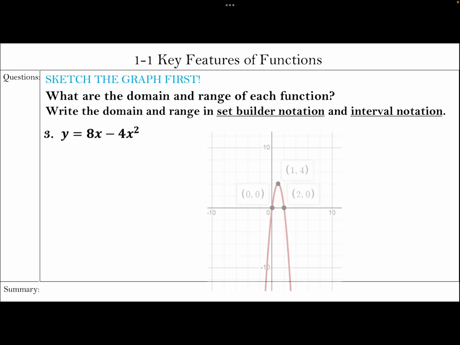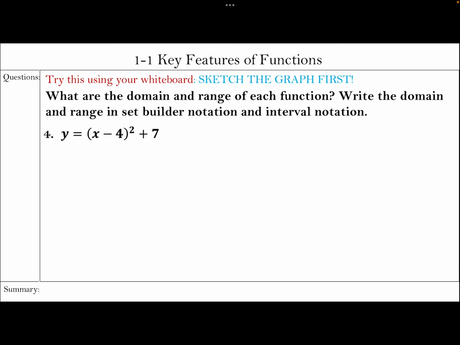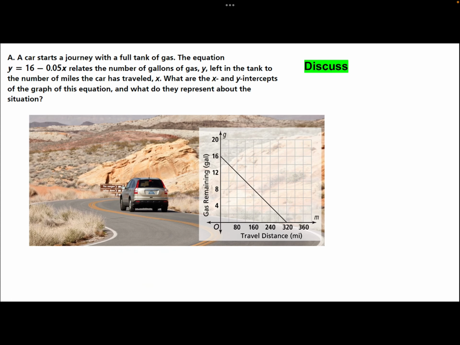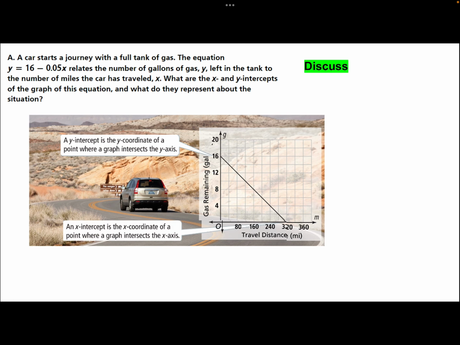Okay, so we talked about this. If there is a squared, it's a shape like a parabola. And we also talked about x and y intercept.